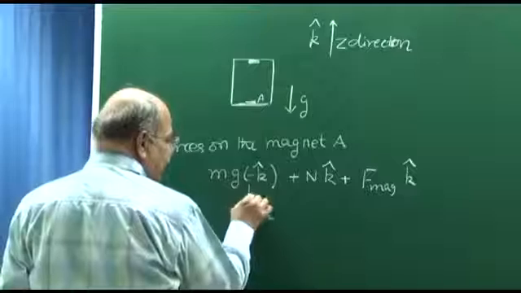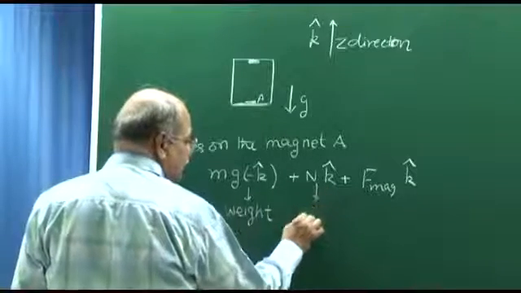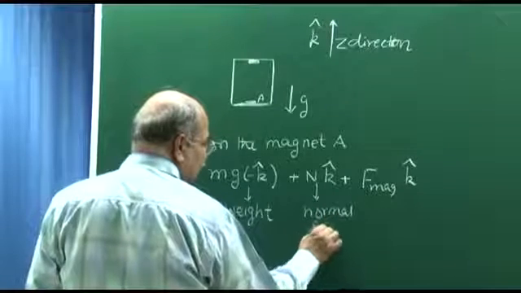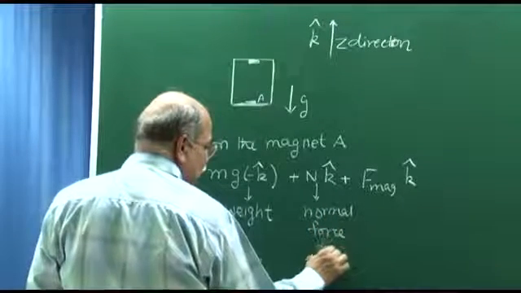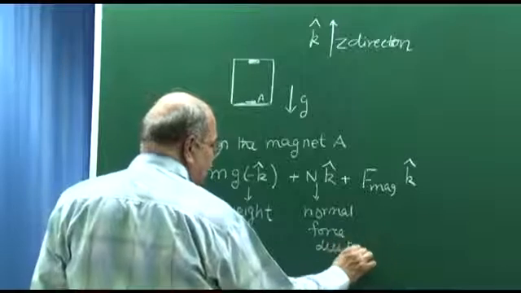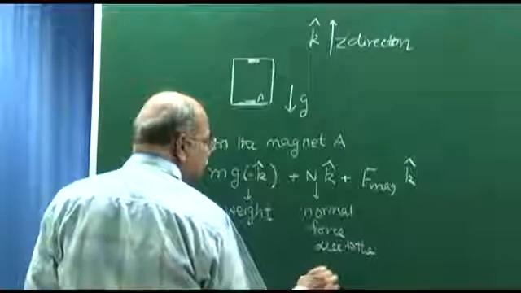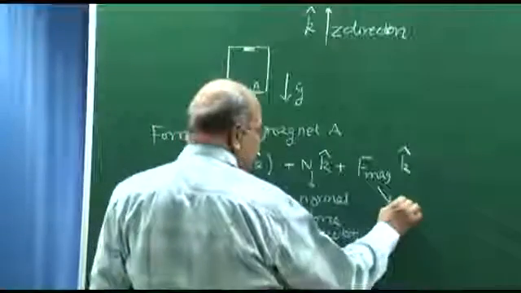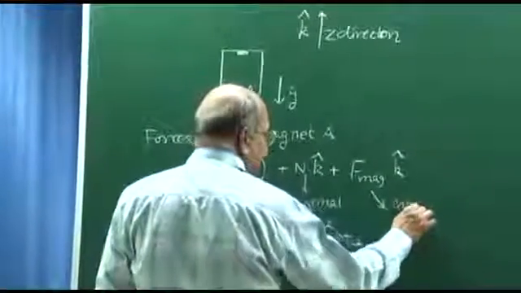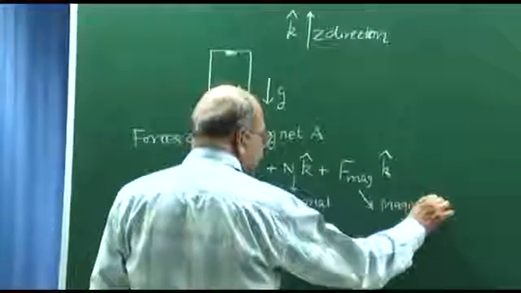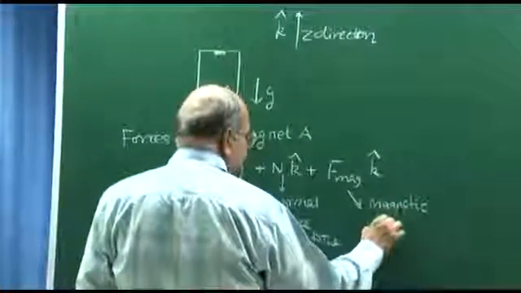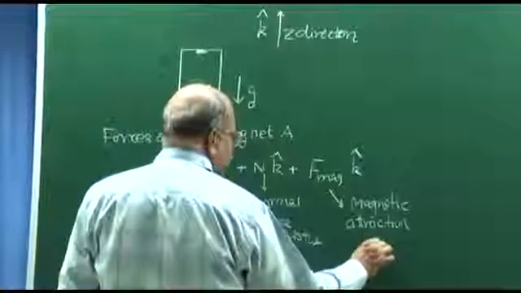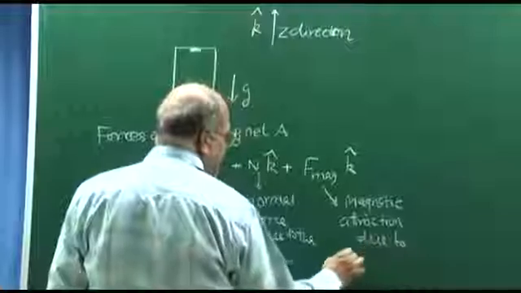This one is weight, this one is the normal force due to the bottom, and then this is the magnetic attraction force due to the upper magnet.